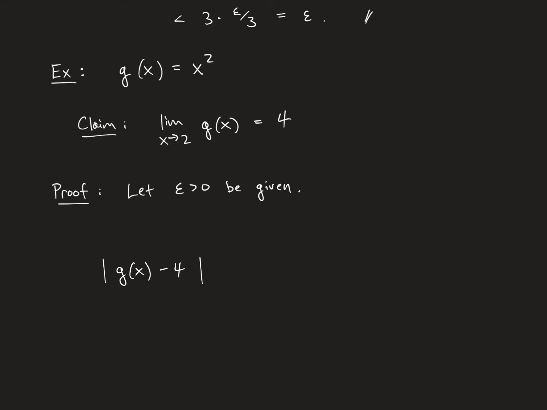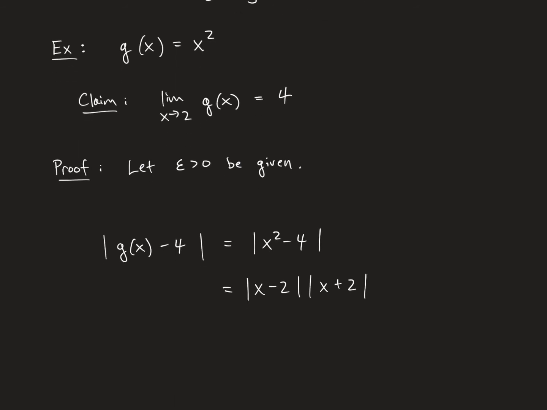Well, g of x minus 4 is the absolute value of x squared minus 4. Being a difference of squares, it should be obvious that we're going to factor here. So we get an absolute value of a product, which is the product of the absolute values, and so we have this factorization.